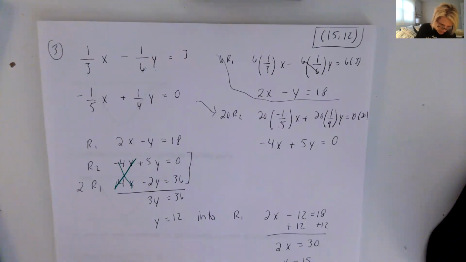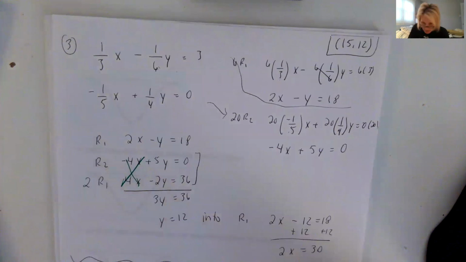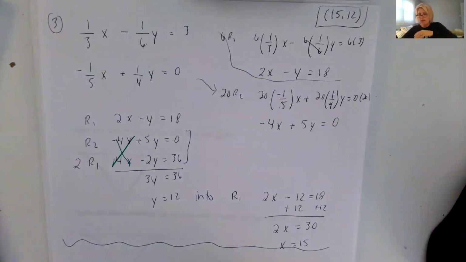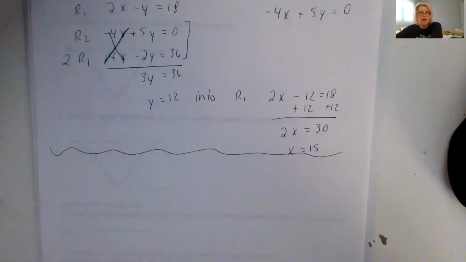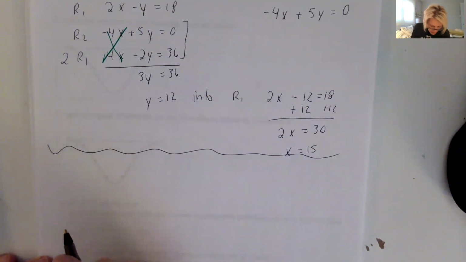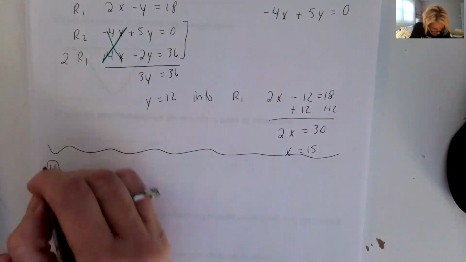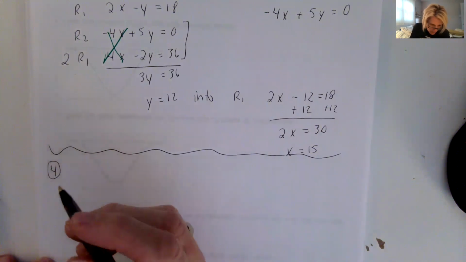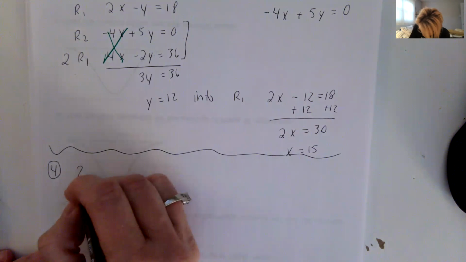Now, each of those problems was using the addition method. And like I said, it depends on your teacher on what they expect as far as on the exam. Do you have to use one method over the other? So you can see problems 4 and 5 are saying solve the system by using the substitution method.